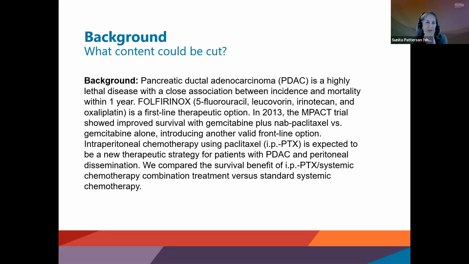"Intraperitoneal chemotherapy using paclitaxel is expected to be a new therapeutic strategy for patients with PDAC and peritoneal dissemination." So it introduces the drug, it introduces the patient population. "We compared the survival benefit of intraperitoneal paclitaxel systemic chemotherapy combination treatment versus standard chemotherapy."